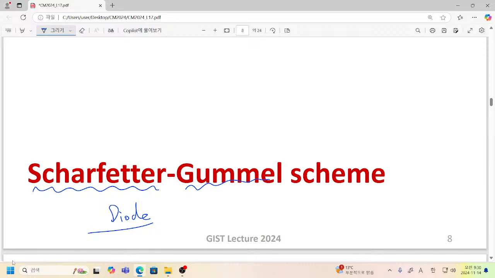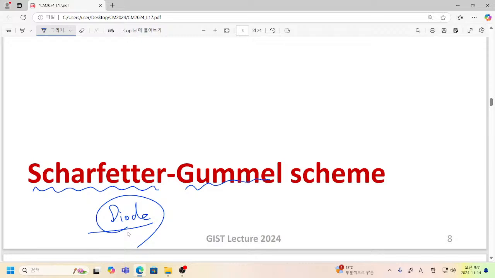They published that paper for their analysis on this special type of diode, and in order to make such a calculation, they invented a new numerical scheme.